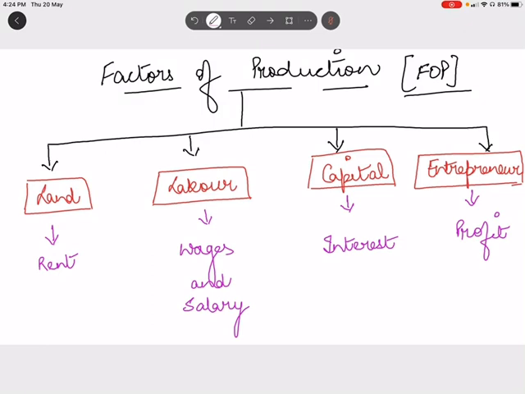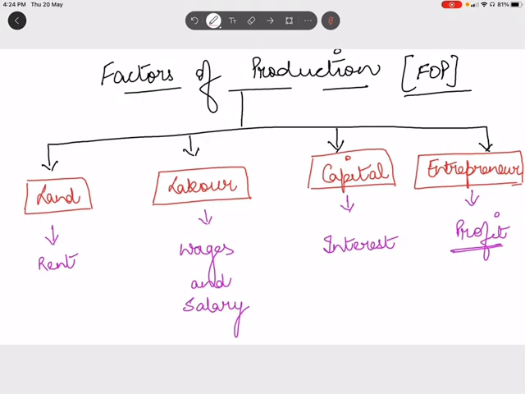So, in this video, we have studied the basic meaning of the very basic term which is involved in national income accounting, that is factors of production. Factors of production are the resources which are helping the producer in the production process, in the production of goods and services that again contribute to economic development. And we have divided factors of production into four main types: land, labor, capital, and entrepreneur.